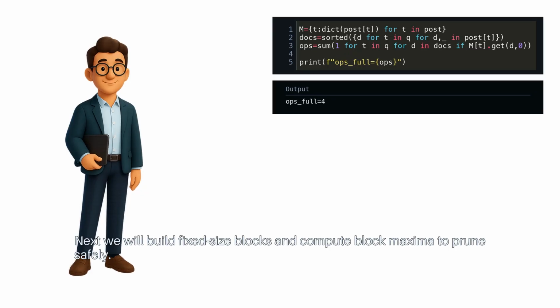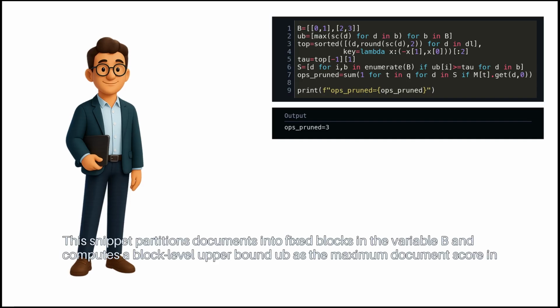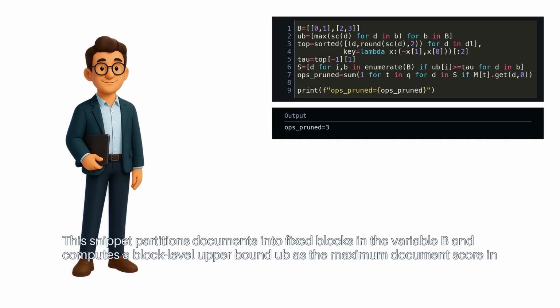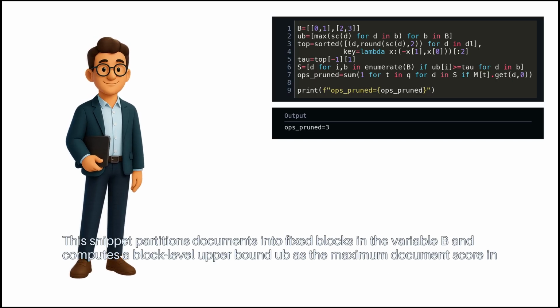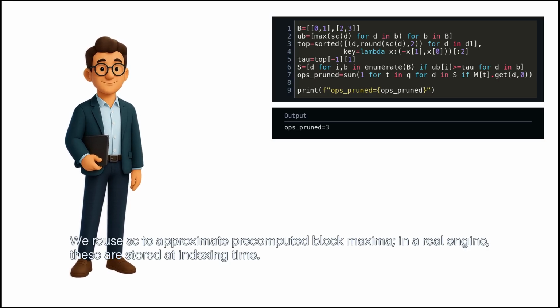Next, we will build fixed size blocks and compute block maxima to prune safely. This snippet partitions documents into fixed blocks in the variable B and computes a block level upper bound UB as the maximum document score in each block. We reuse SC to approximate pre-computed block maxima. In a real engine, these are stored at indexing time.